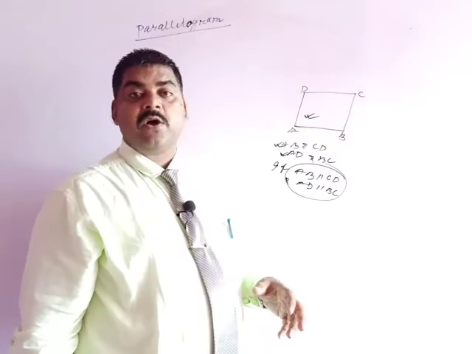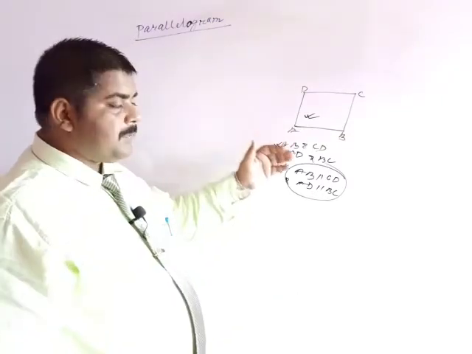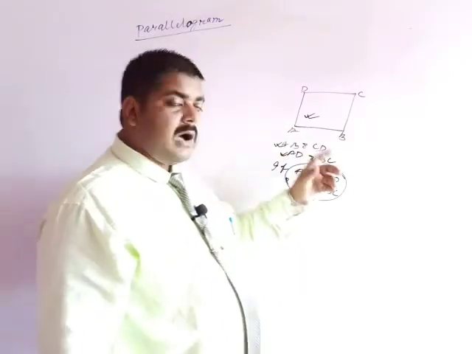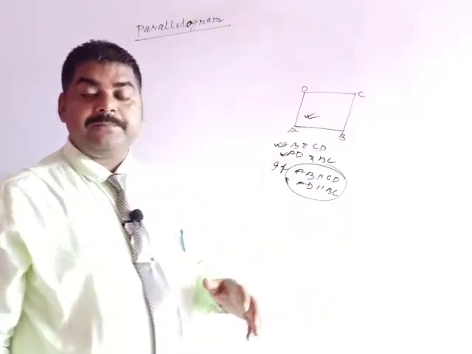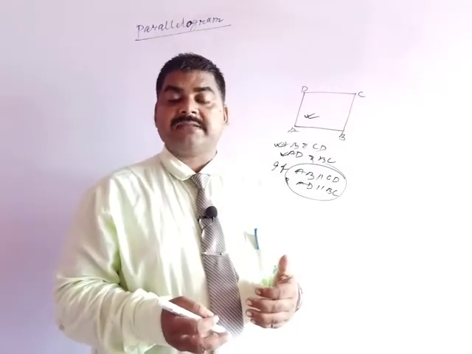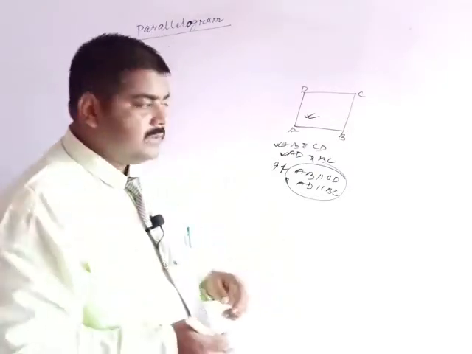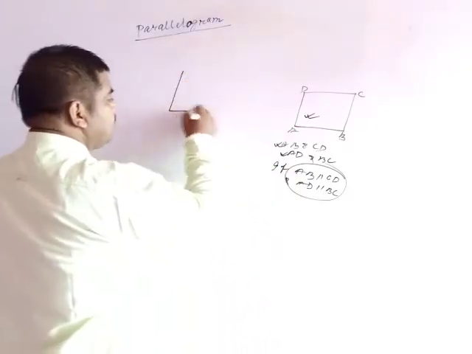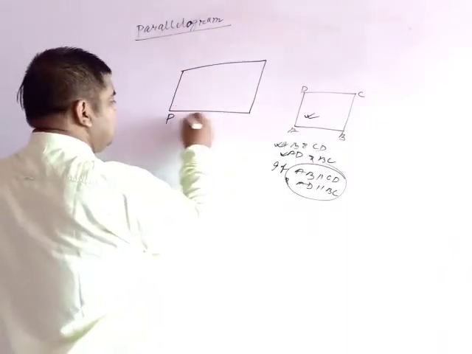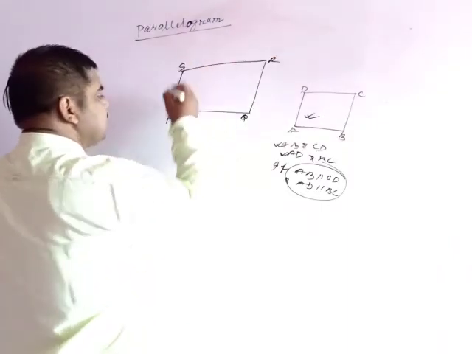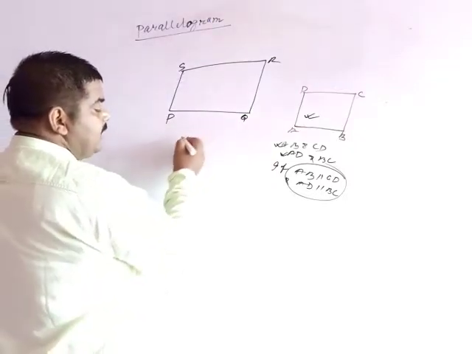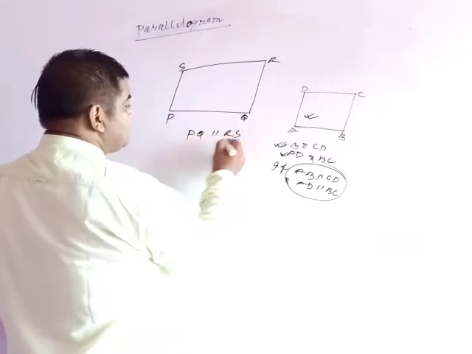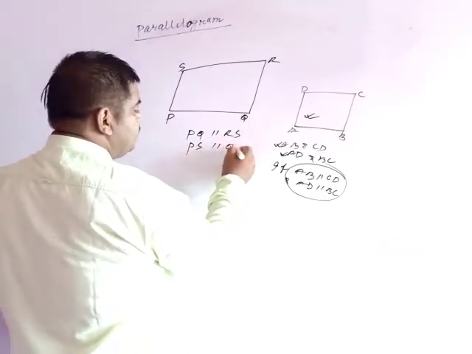Several characteristics of parallelograms you must know. The first one is that opposite sides are parallel. Suppose that PQRS is a parallelogram, then by the definition of parallelogram, PQ is parallel to RS and PS is parallel to QR.